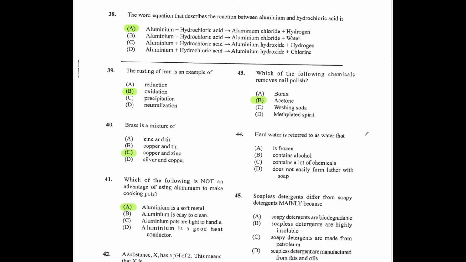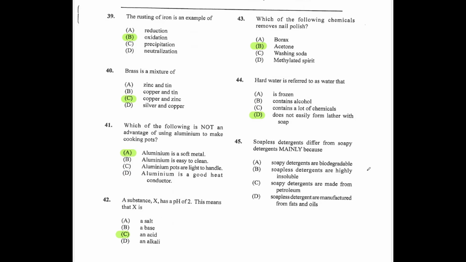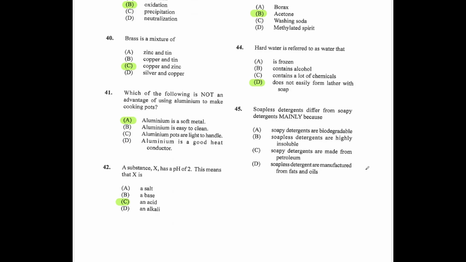Hard water is referred to as water that is frozen, contains alcohol, contains a lot of chemicals, does not easily form lather with soap. D is the answer for 44. On to 45. Soapless detergents differ from soapy detergents mainly because soapy detergents are biodegradable.